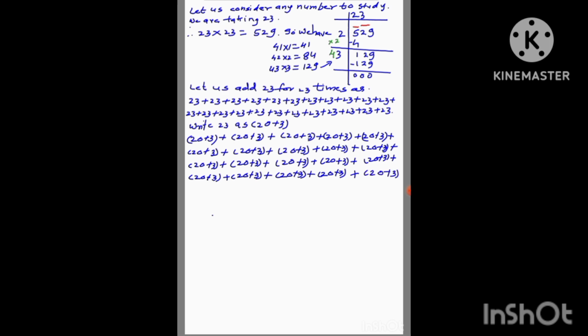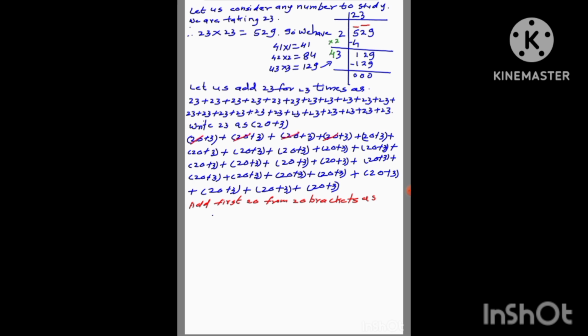Let us finish this first. 20 plus 3 and 20. This is just to understand, I am taking lower values. Now we have all these numbers, and we are adding 20, 20 times. I am cancelling the first 20, the second 20, the third 20, like that.